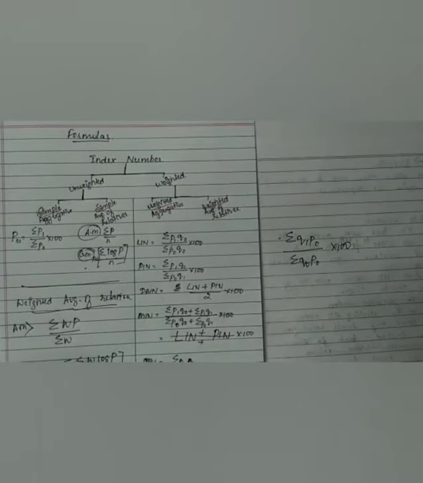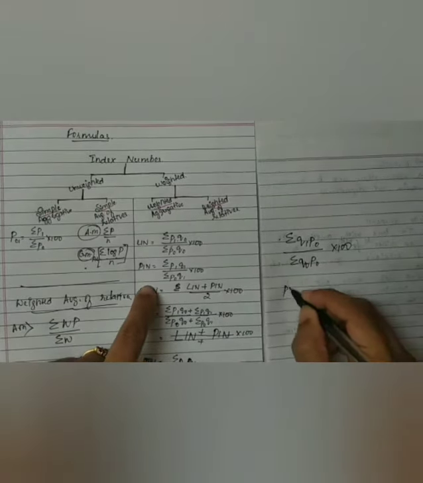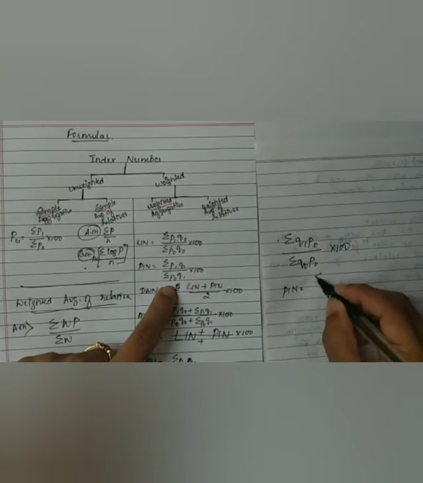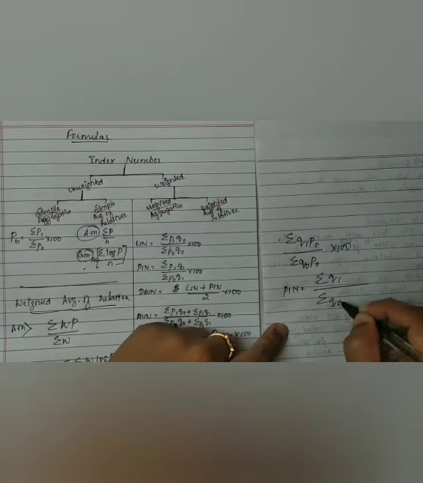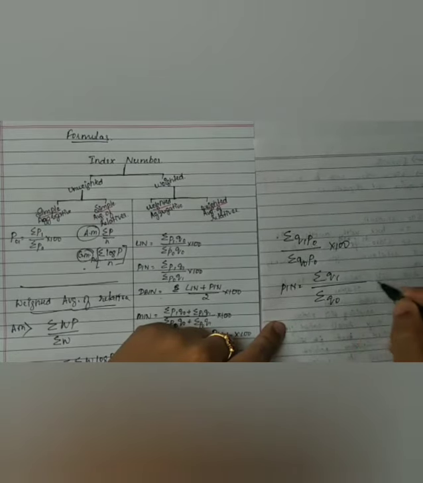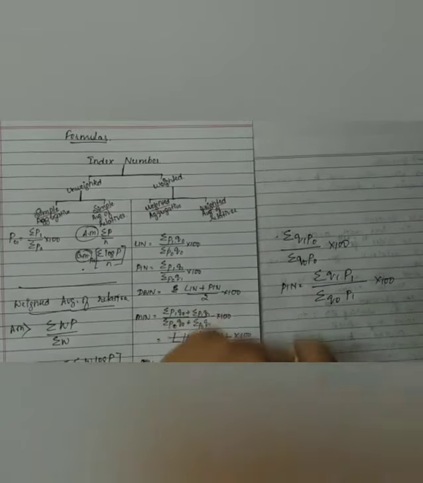And next formula, if you want to go for Paasche's, here again it will be summation Q1 P1 over summation Q0 P1 into 100. Here it is P of current year, isn't it? Yes.